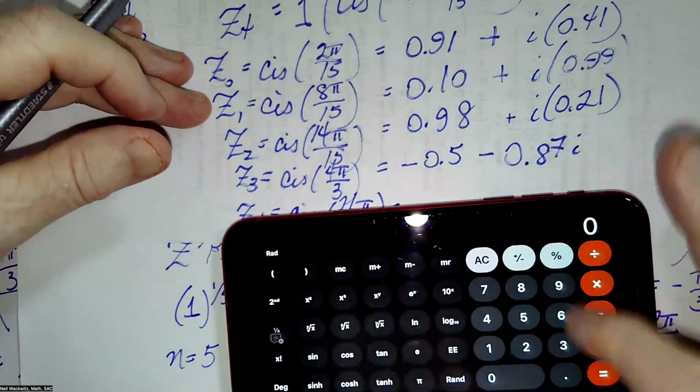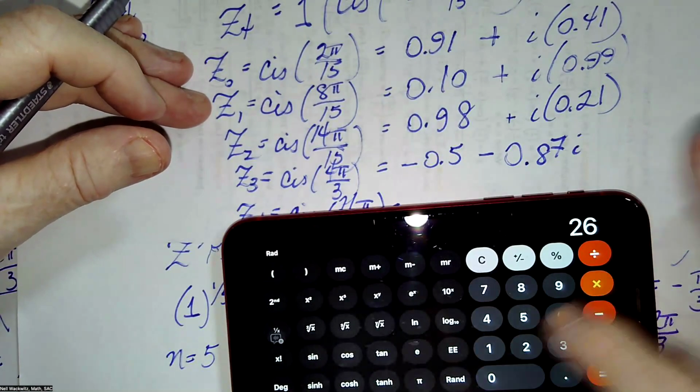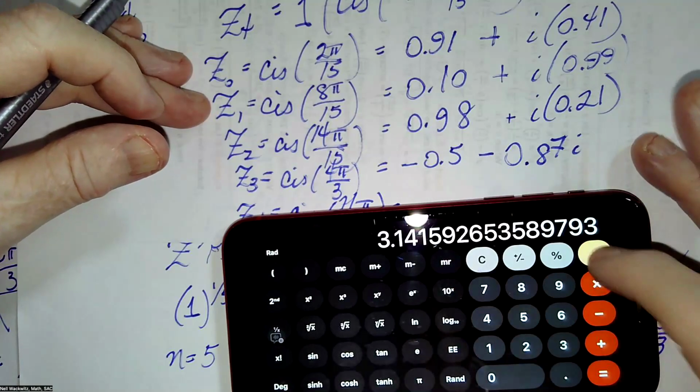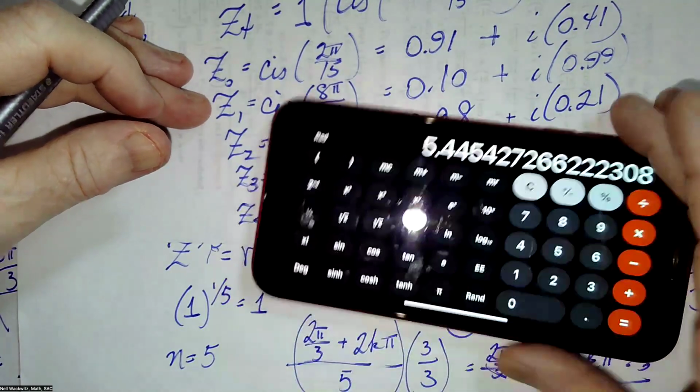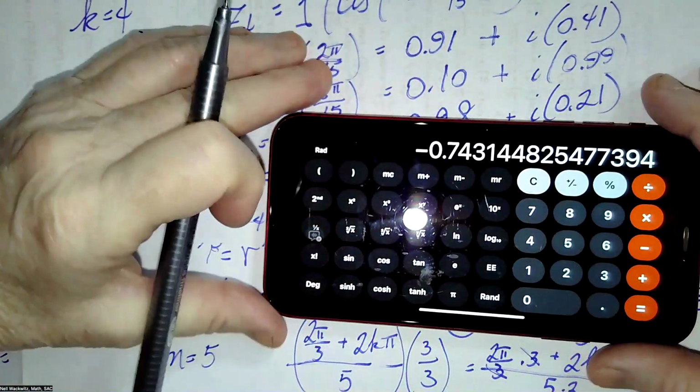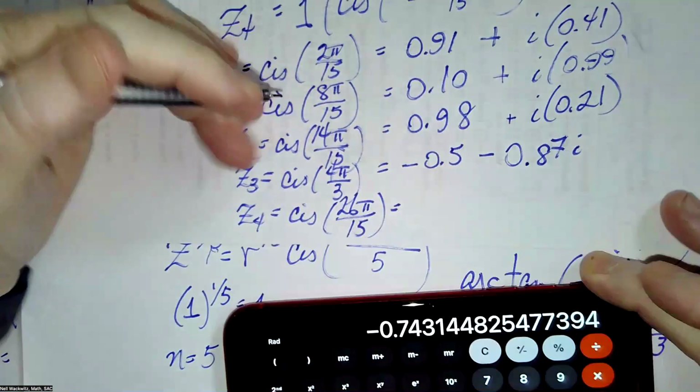And then we have 26 times pi divided by 15 equals, there we go. Sine is negative 0.74.